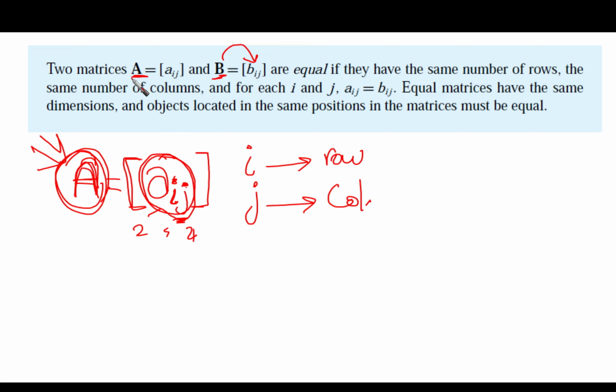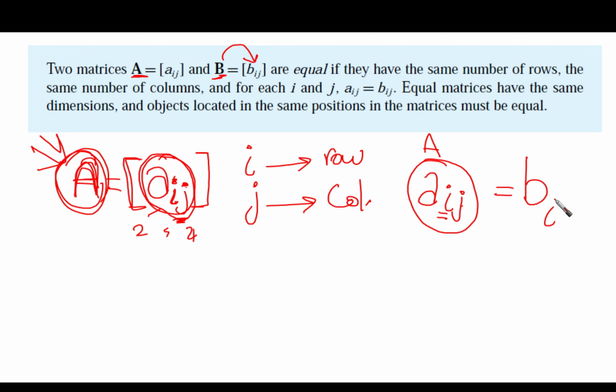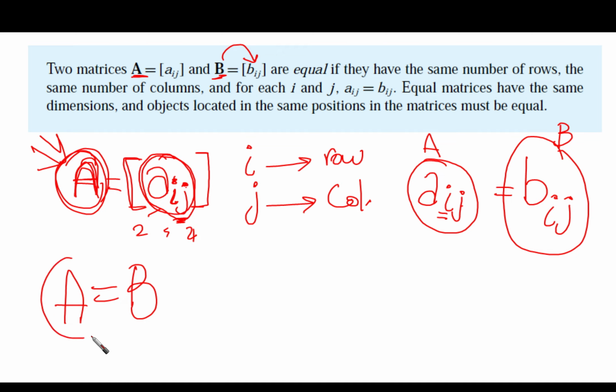So two matrices A and B are equal if they have the same number of rows and the same number of columns, and for each i, which is the row, and each j, which is the column, a_ij equals b_ij. So the element in row i and column j in matrix A should equal the element in row i and the same column j in matrix B. That's the meaning of A equals B. They must have the same number of rows.